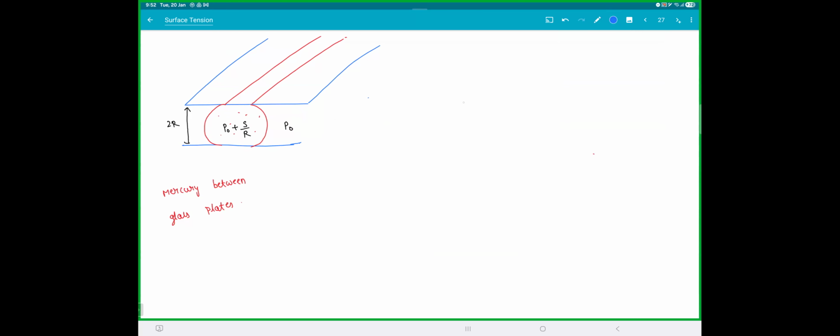Same thing if you take water between glass plates. We will see later on why this shape forms like this. We use something called contact angle.